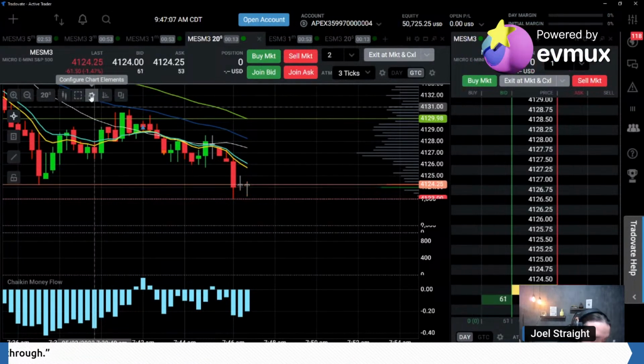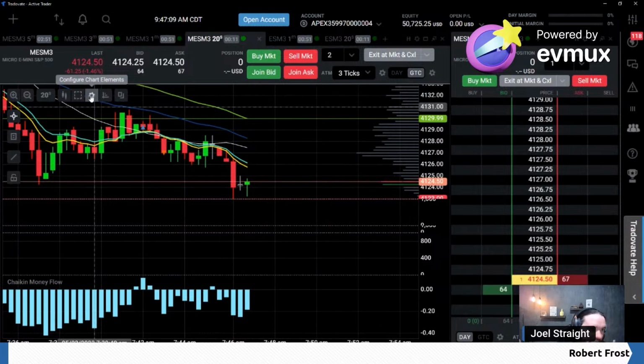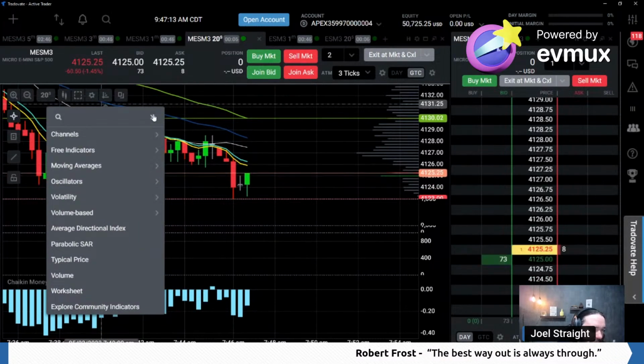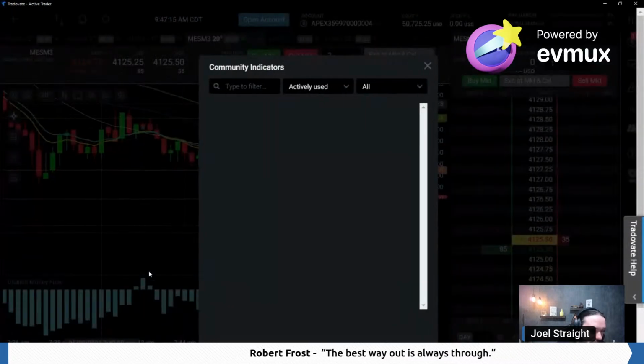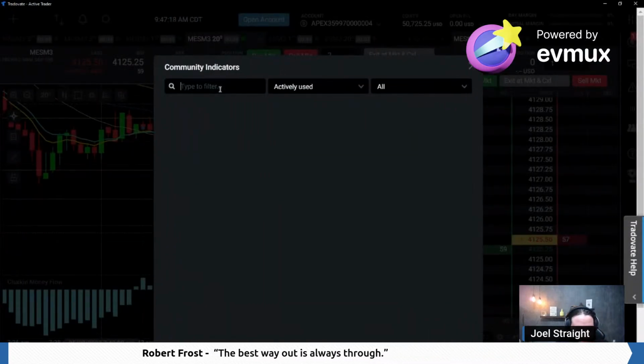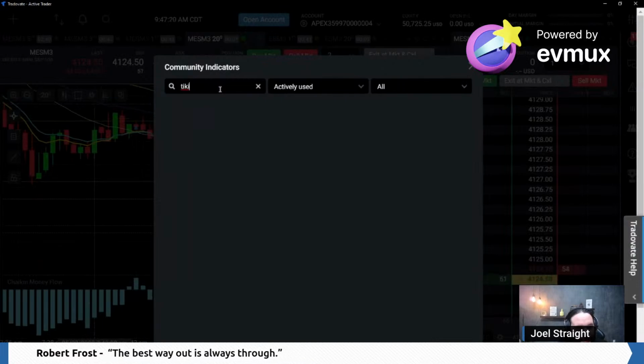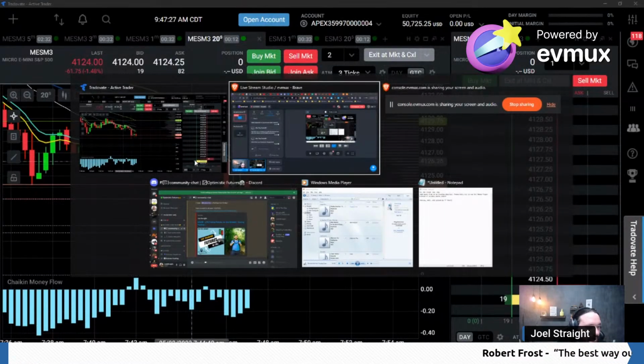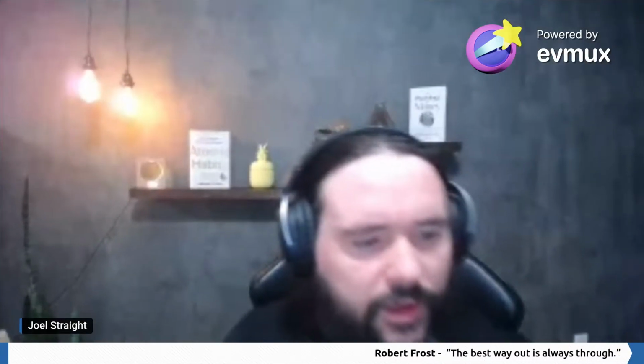Yeah, it is weird. I've logged in and logged out, and there's not really a whole lot I can do other than keep searching for it, but they just all seem to not be working. Can't even search any of the community indicators. It's the weirdest thing, but sometimes on Tradovate the community indicators will just go away.